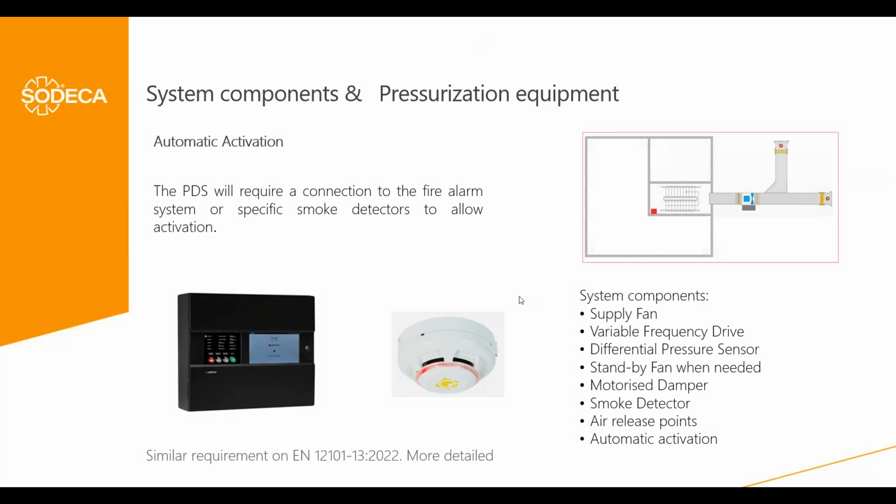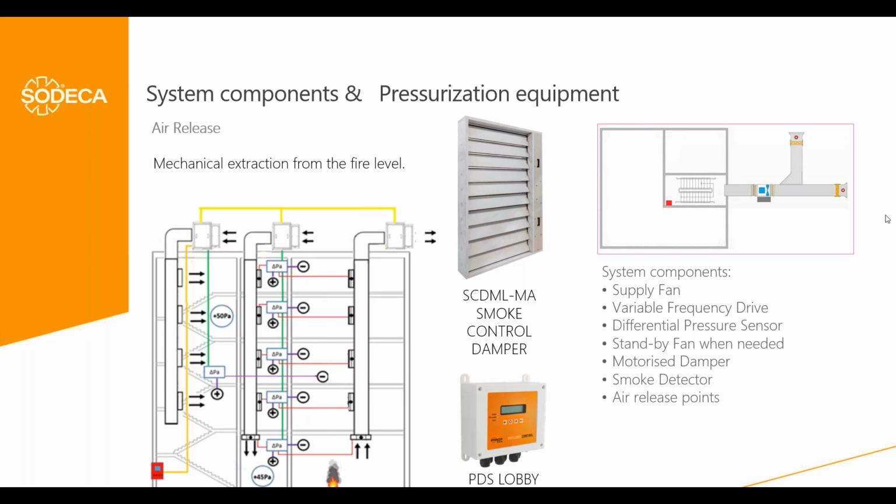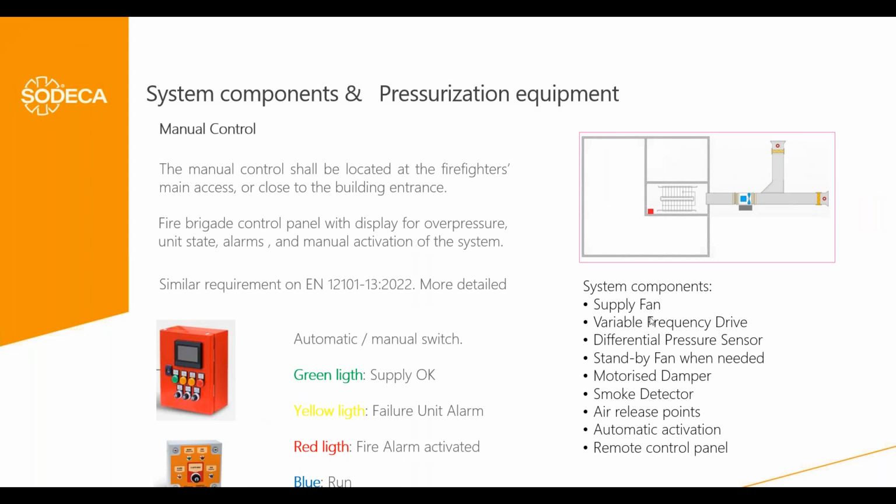They will be installed one on each level and will send a signal to our PDS lobby control. So with this solution, we will activate the PDS lobby control on the fire level, and we will send information to the main control panel. So even in those cases, it's possible to solve this situation.